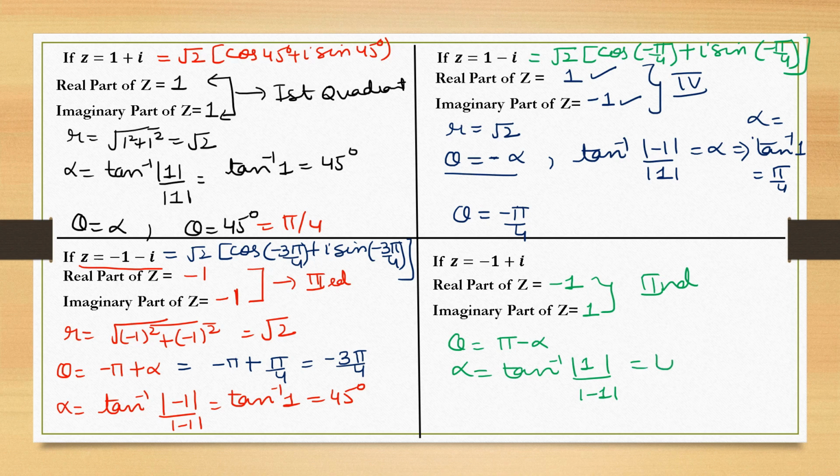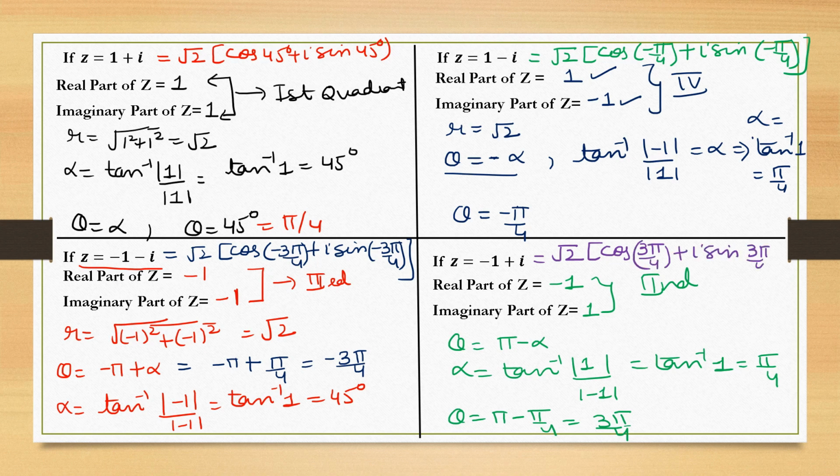That is again tan inverse 1, which means pi by 4, or 45 degrees. Theta will be pi minus pi by 4, that means 3 pi by 4. So the r cos theta plus iota sin theta form of this is root 2 cos 3 pi by 4 plus iota sin 3 pi by 4.